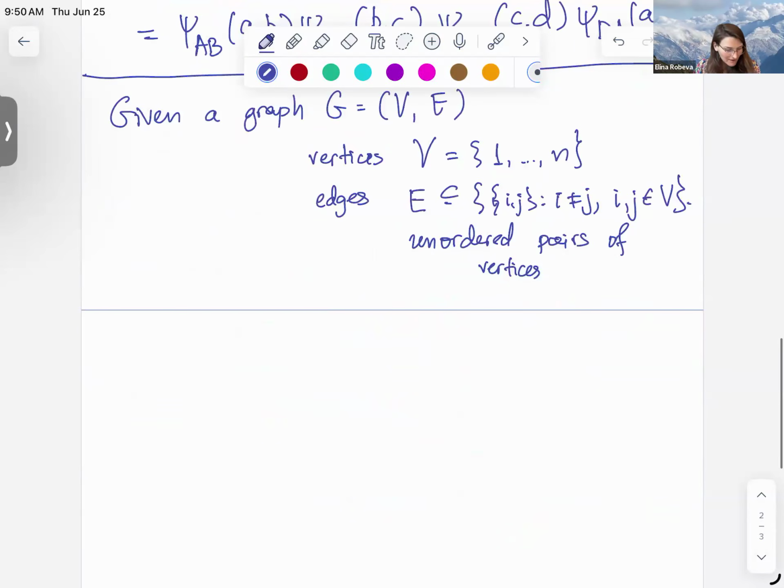We have this graph, and then so number 1, the global Markov property. So okay, so definition.